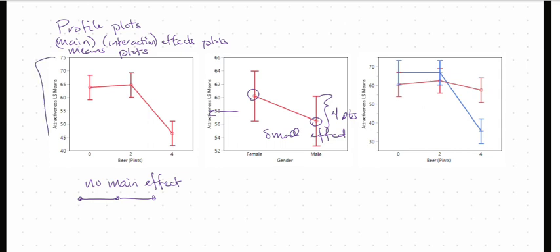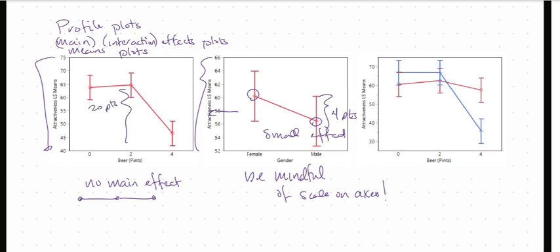This scale is 75 to 40, whereas this scale is 66 to 52. So be mindful of your scale on your axes. This is an effect of about 20 points. So watch your scales, don't be misled. If we were to plot this second plot on the same scale as the main effects plot for the beer, we would see hardly any difference at all.